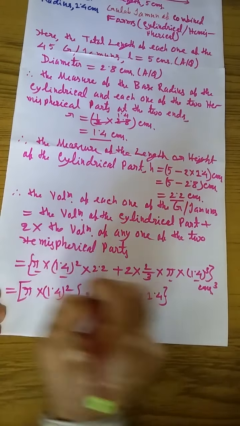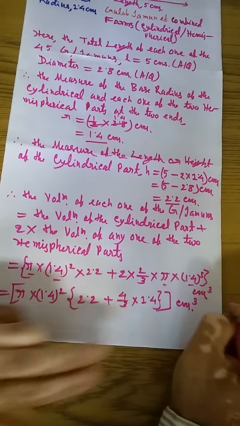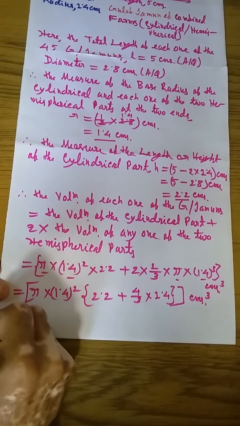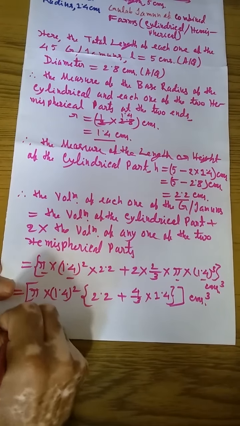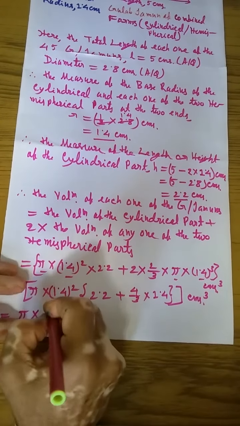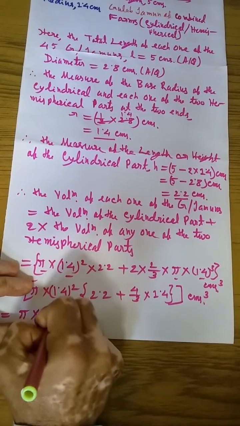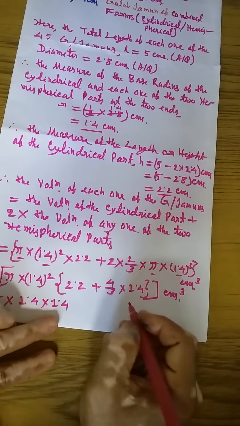The unit will be centimeters cube. After this, let us proceed in this way. In place of 1.4 whole square, we will write pi into 1.4 into 1.4.